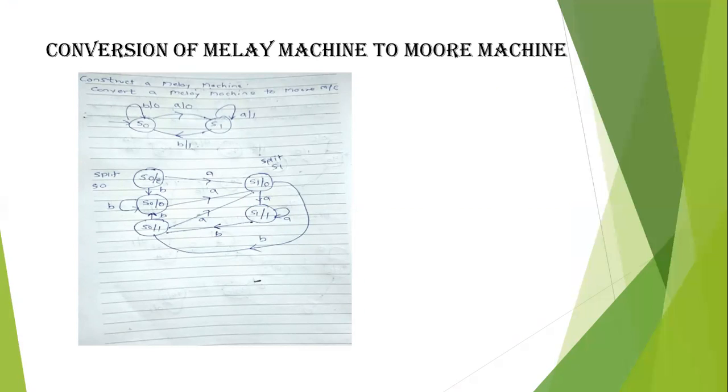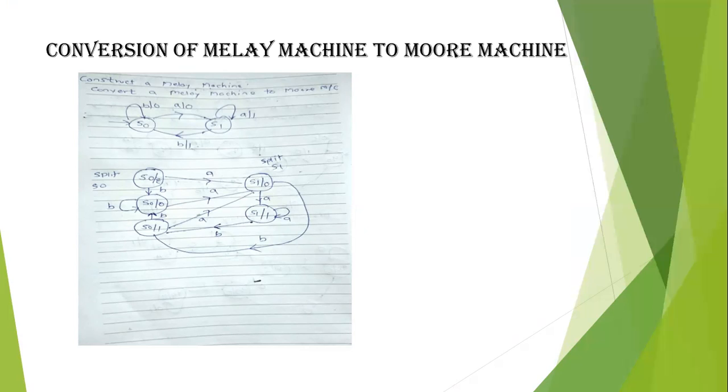Here we need to check how many outputs are possible for every state. For S0, there is B/0, that means there is one output possible, that is S0/0. Again, there is one incoming arrow for S0, that is B/1, so for S0 there is one more output possible, that is S0/1.